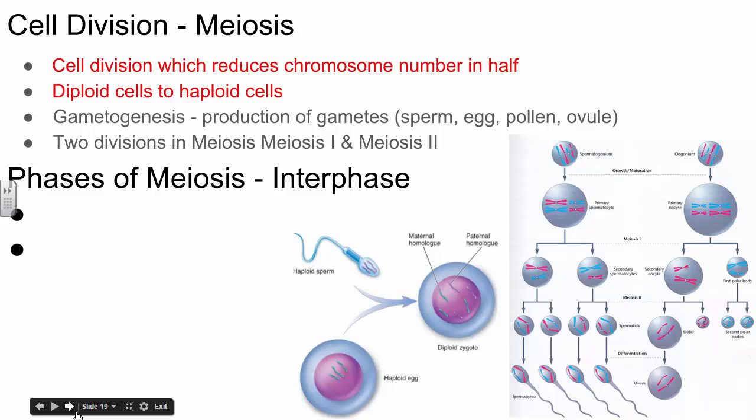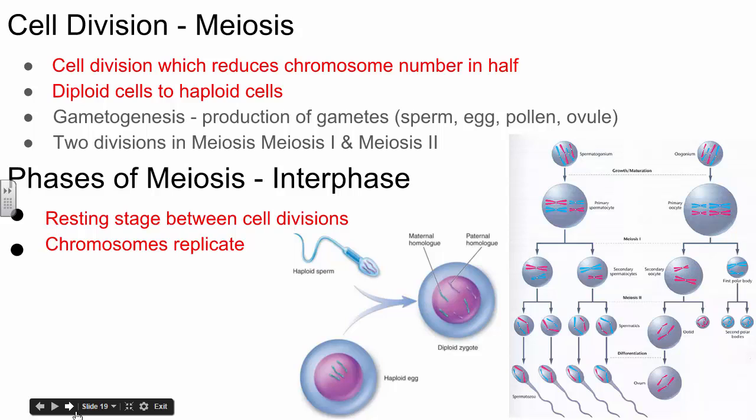So in interphase, before a cell is going to go through meiosis, the same sort of things happen. It's the resting stage between divisions. During interphase, the chromosomes replicate. The DNA makes an identical copy of itself. That's the same as mitosis.